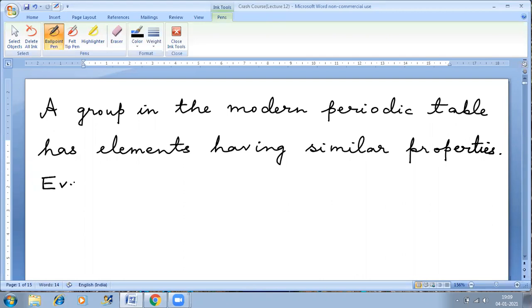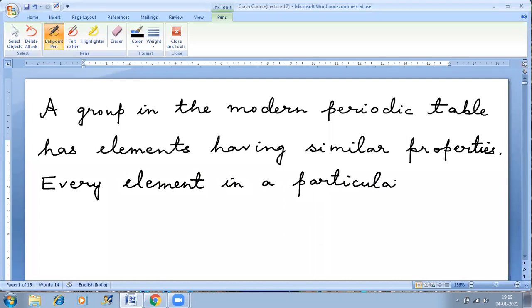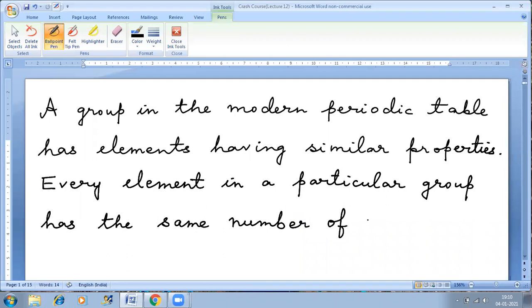Every element in a particular group has the same number of valence electrons.